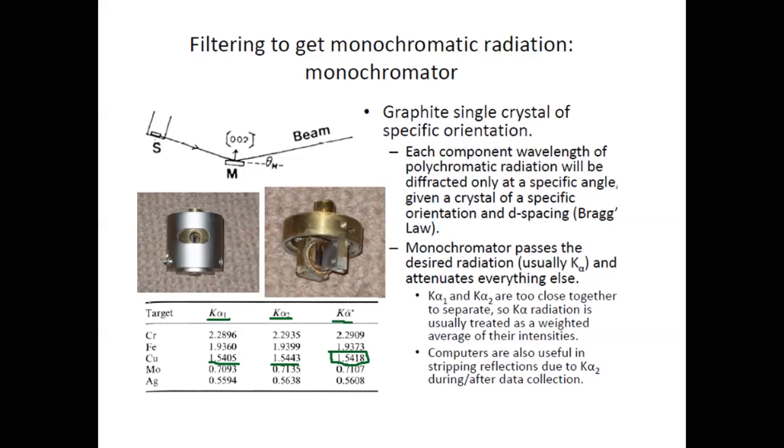And so we mainly use copper and molybdenum. Copper has a characteristic wavelength of 1.5418, and molybdenum is 0.7107. And so we use the monochromator to adjust it so that, for example, if it's copper, it only allows 1.54 K alpha radiation to pass through.